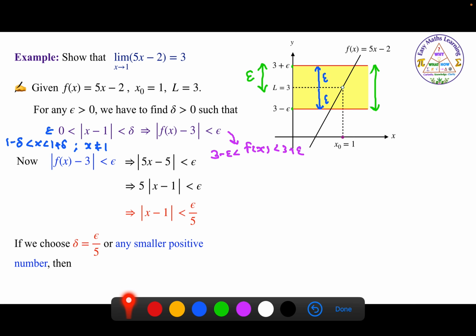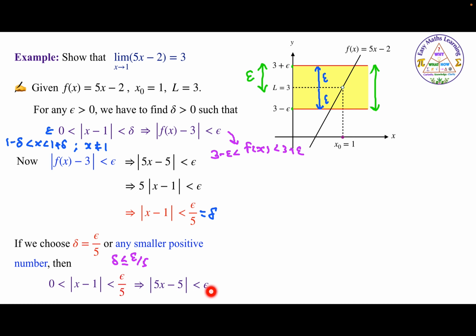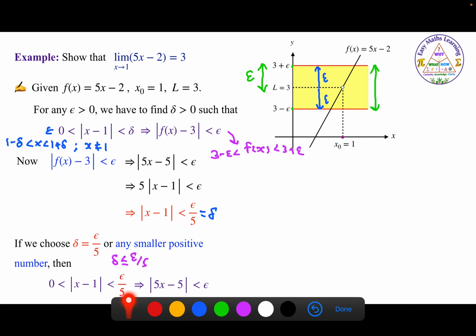If we choose delta equal to epsilon by 5 or any smaller positive number, then this condition will be satisfied. That means this delta inequality for delta equal to epsilon by 5 implies this epsilon inequality, which proves the limit definition.